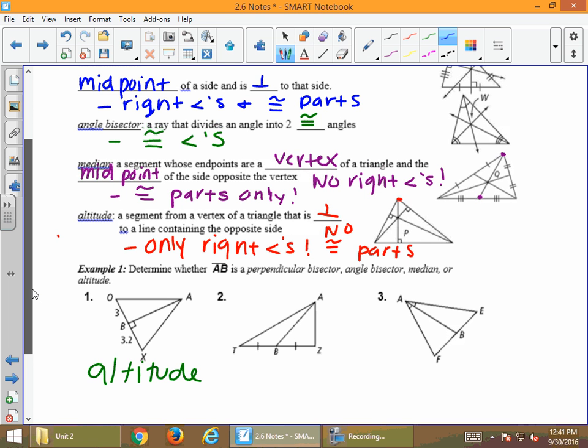Nope, there are no arcs on our angle, so it can't be an angle bisector. Look and see. Do we have right angles? We have that box in the corner of the angle. No. Do we have congruent parts? Yeah. Which one of those only has congruent parts? So this one has to be a median.